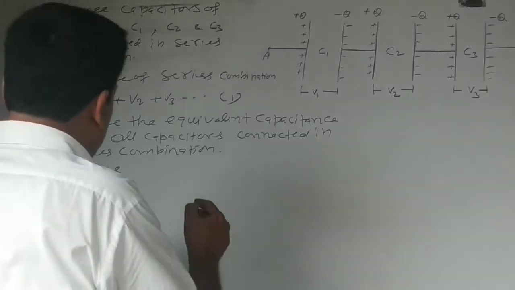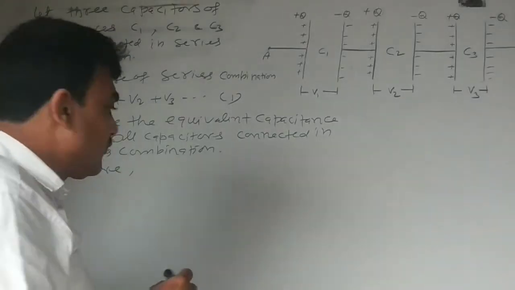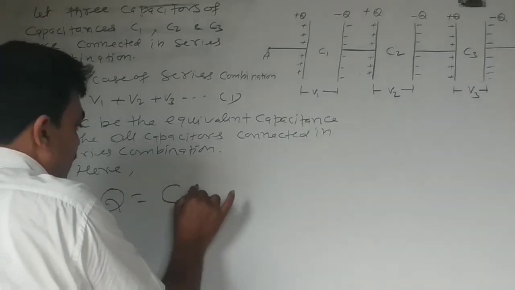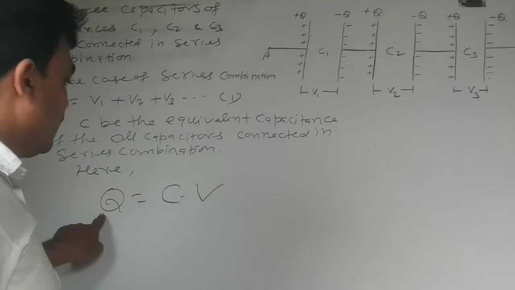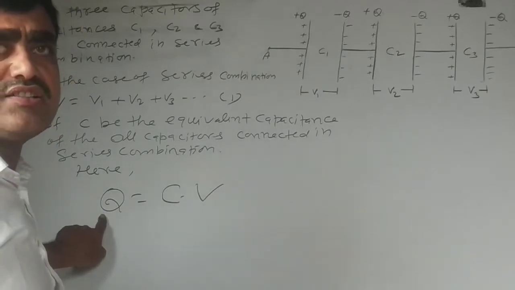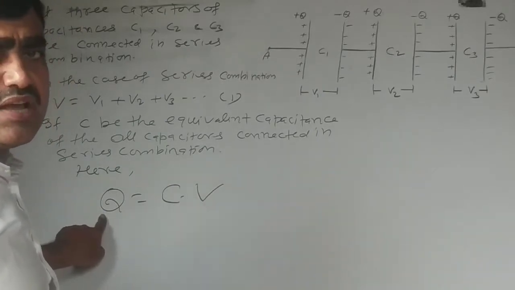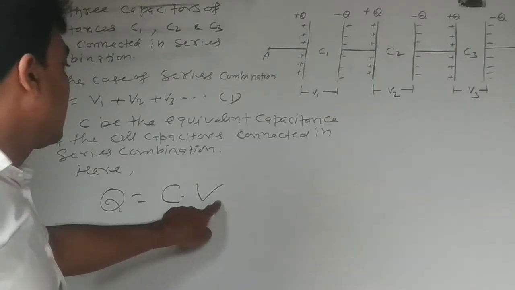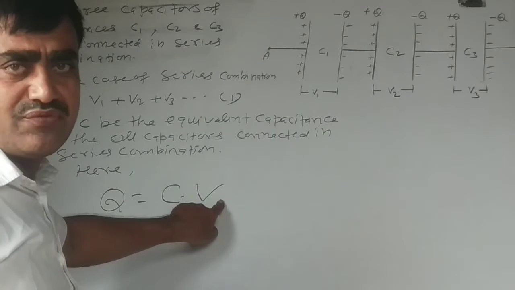Here we know that Q is equal to C into V, where Q is the amount of charge given to the plates of the capacitor, C is the equivalent capacitance, and V is the net potential difference.